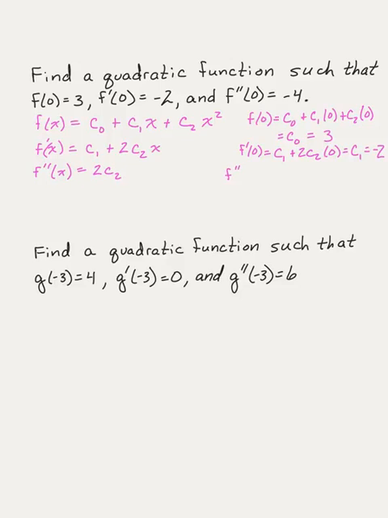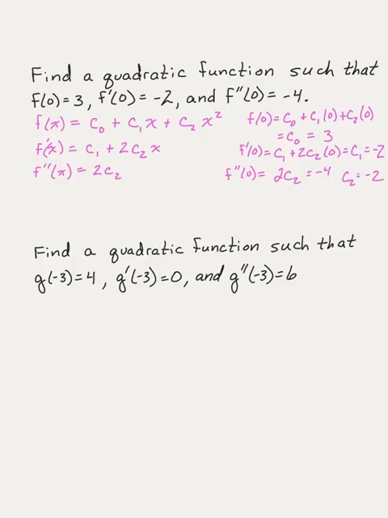And then f double prime of 0 would equal 2c sub 2. And since f double prime of 0 is negative 4, that means c sub 2 is equal to negative 2.